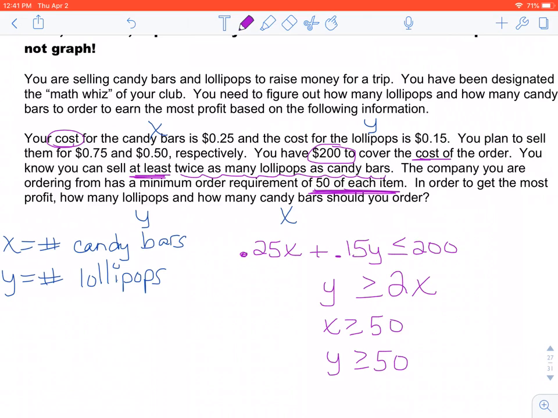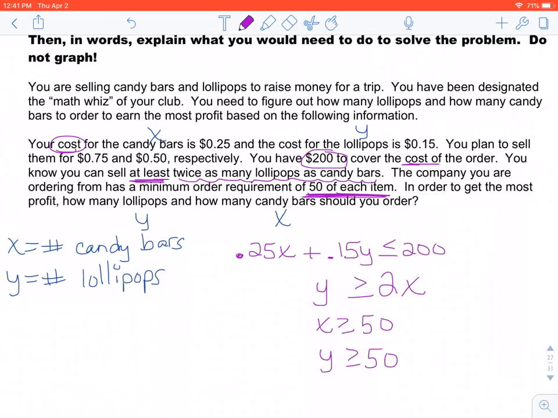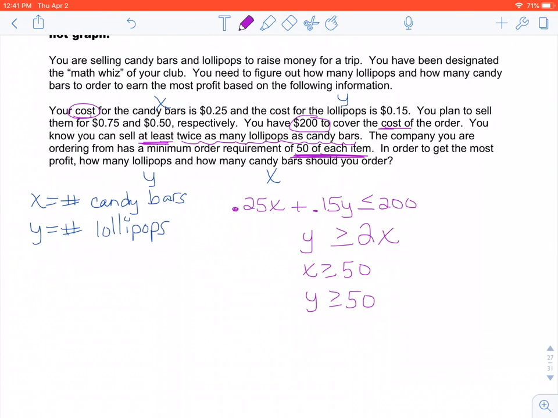Because we have this minimum order, I don't need to say that X has to be greater than or equal to 0, Y has to be greater than or equal to 0, because we have a restriction, and it has to be greater than or equal to 50. So that would be the restriction that is given. That forces them both to be bigger than 0, of course, since we're starting at 50.